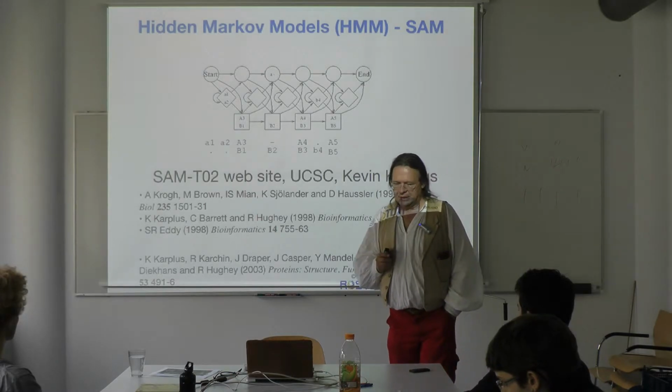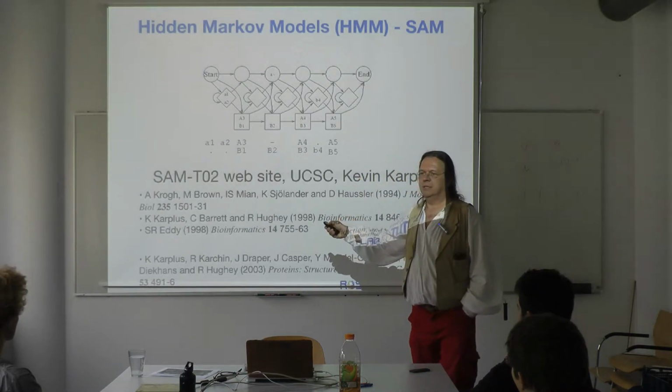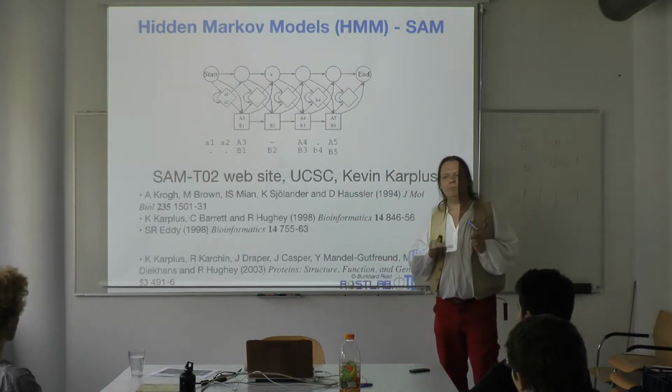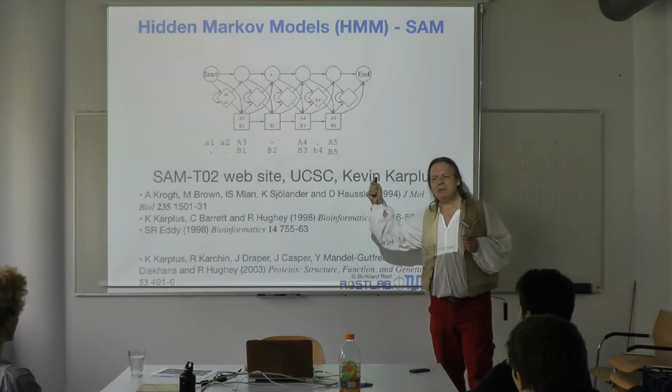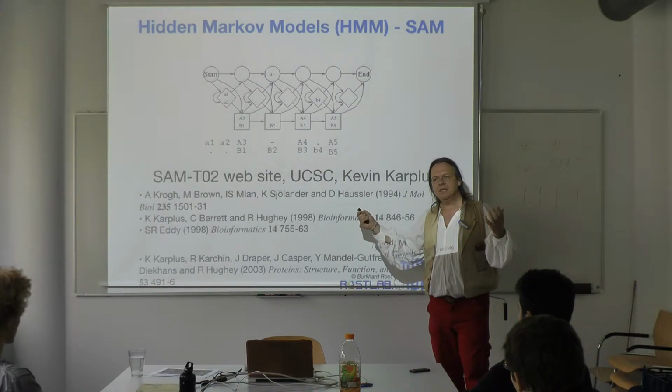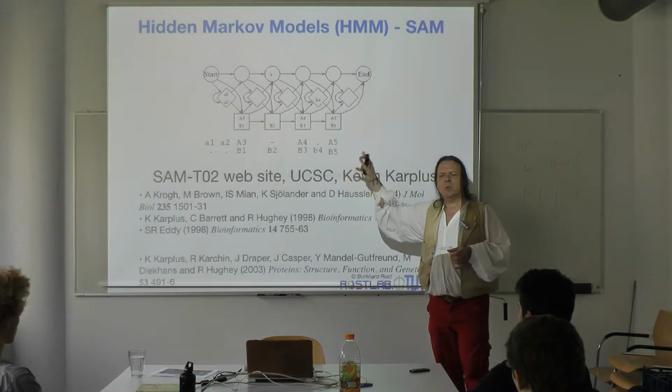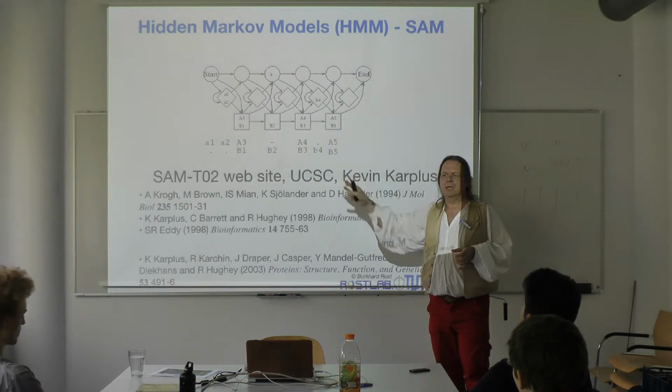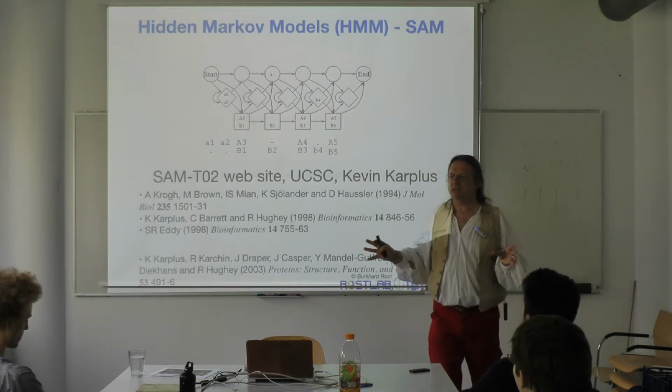Now, when you have the final model, that model is specific to one particular protein family. That's why PFAM uses them. PFAM is a database of protein families, and every single protein family corresponds to one model. Okay? How is that now differing from PSI-BLAST?